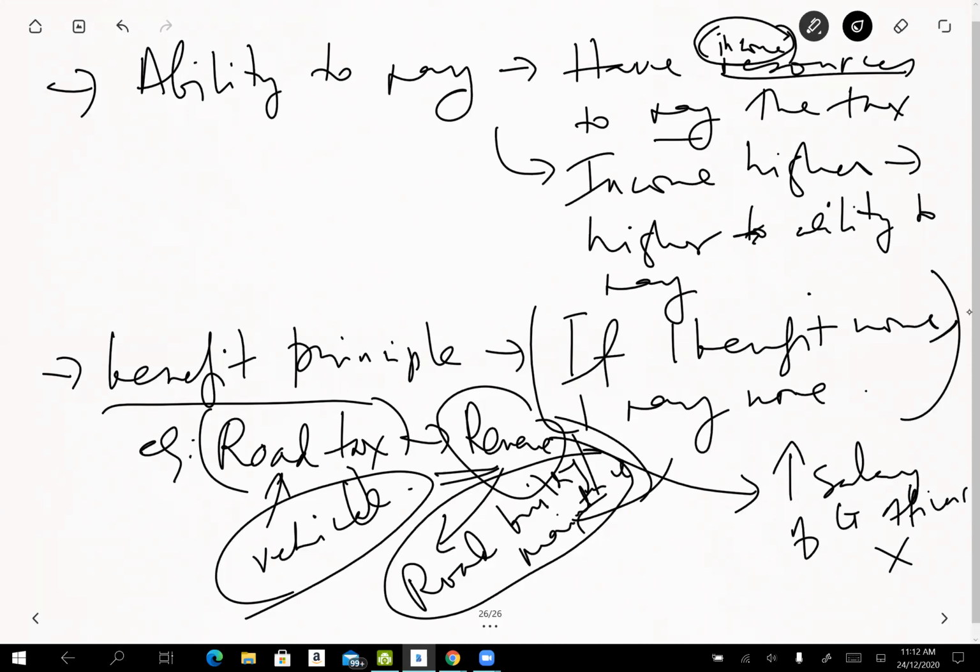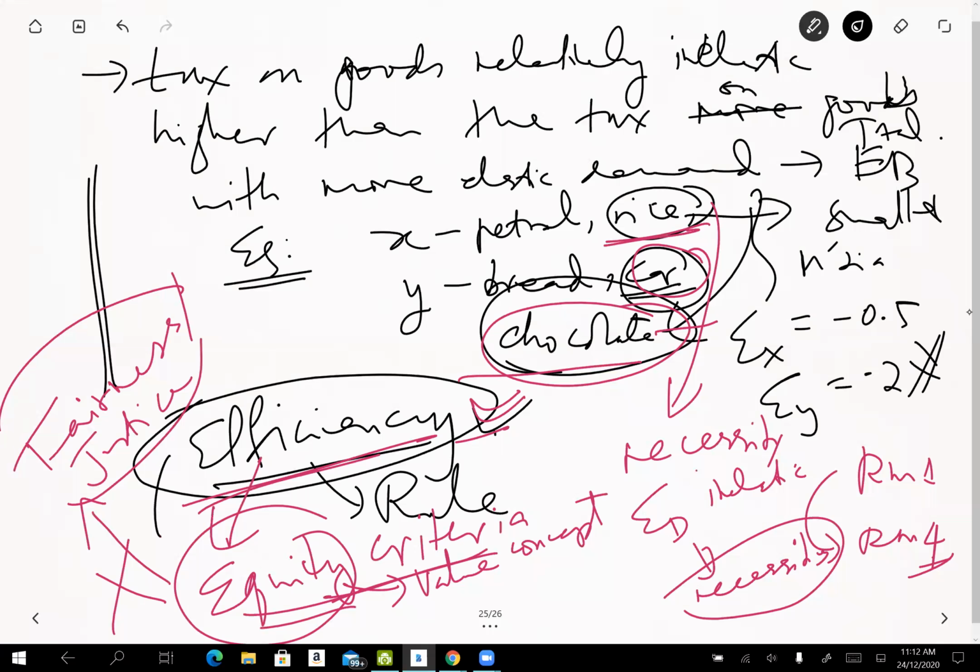So the efficiency criteria and the equity criteria may not be consistent. It can be efficient, but it may not be equitable. So in reality, you need to consider both and balance up the equity and the efficiency criteria.